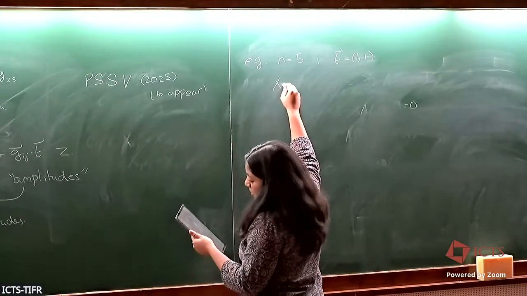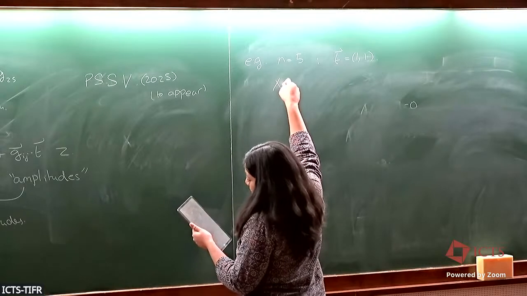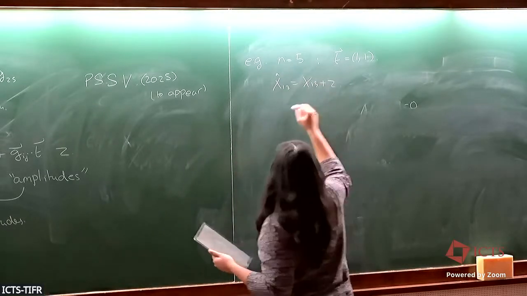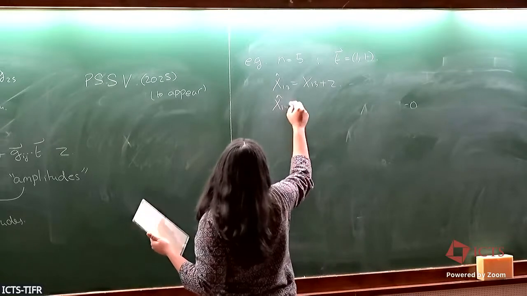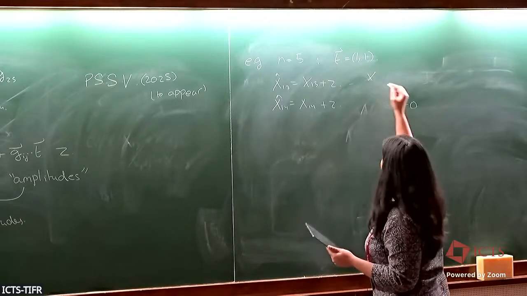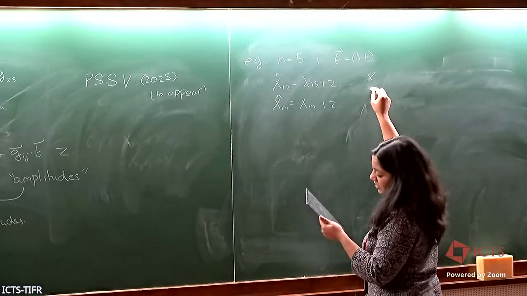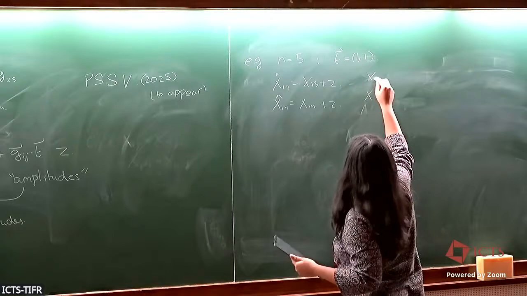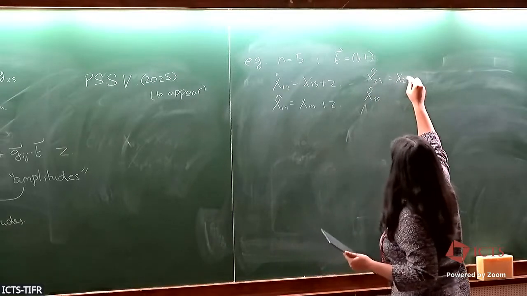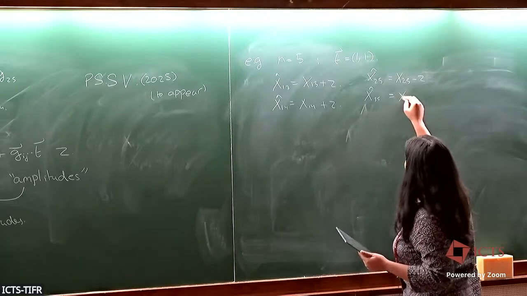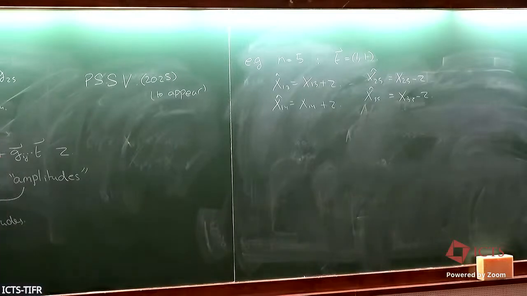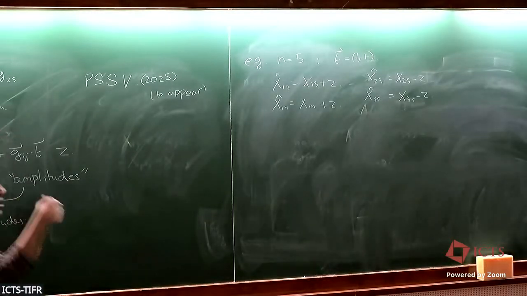So x13 hat is x13 plus z, x14 hat is x14 plus z, and x25 and x35 hat are shifted by minus z. You can see that because these are just opposite to these directions, so they shift in the opposite direction.